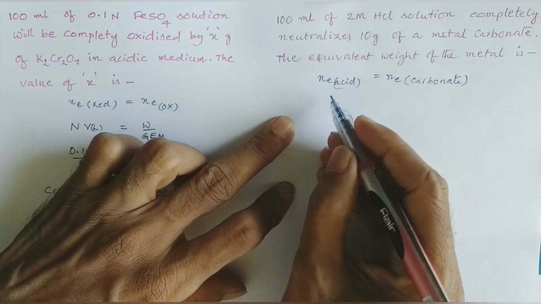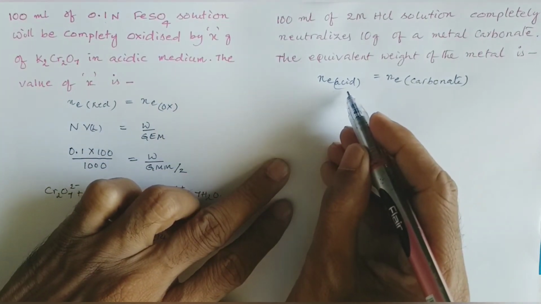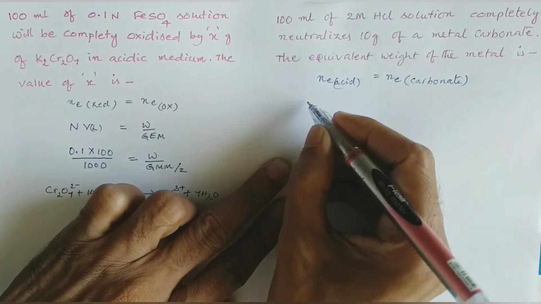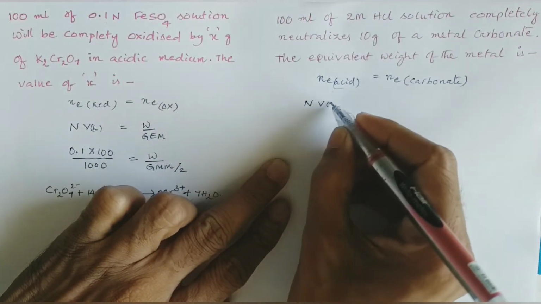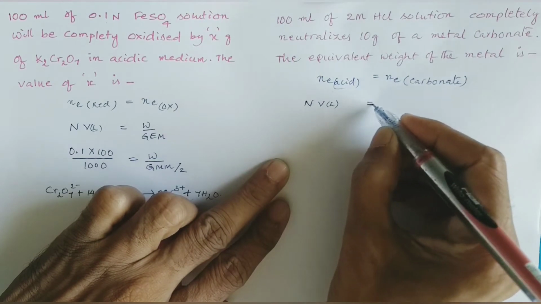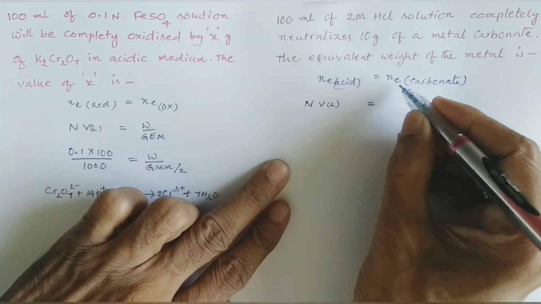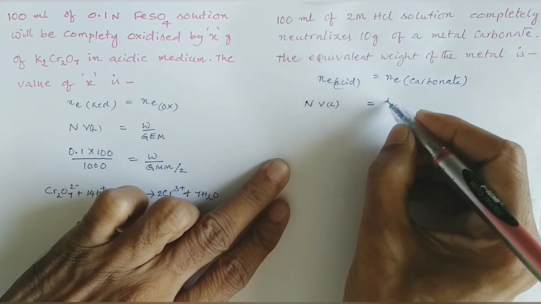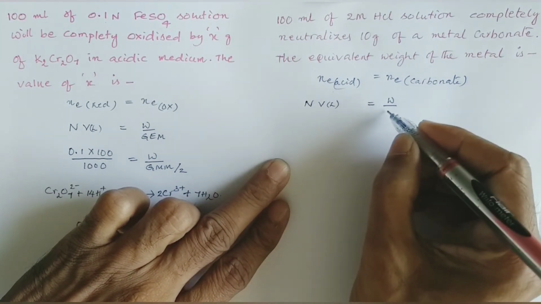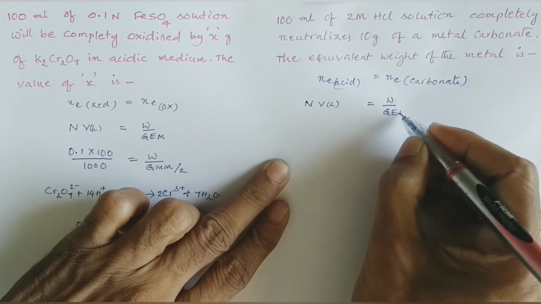So the number of equivalents of acid is equal to normality into volume of the solution in liters, which is equal to the number of equivalents of carbonate. Number of equivalents can be calculated by dividing mass by gram equivalent mass.